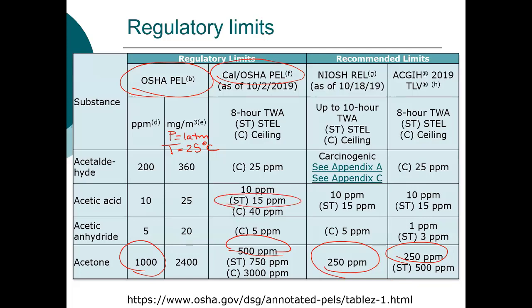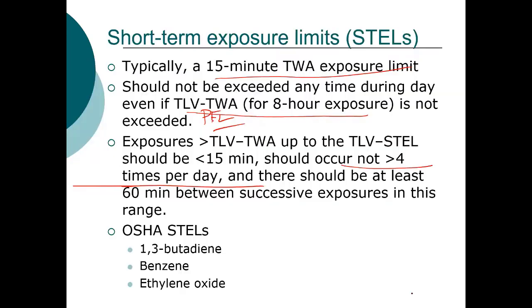So if we go back and we look at these, where in this case, we have a STEL level for acetic acid. So we're in California. Our PEL is 10. The STEL is 15, so we cannot exceed that 15 limit for more than 15 minutes, not more than 4 times a day, and there has to be at least 60 minutes between successive exposures.